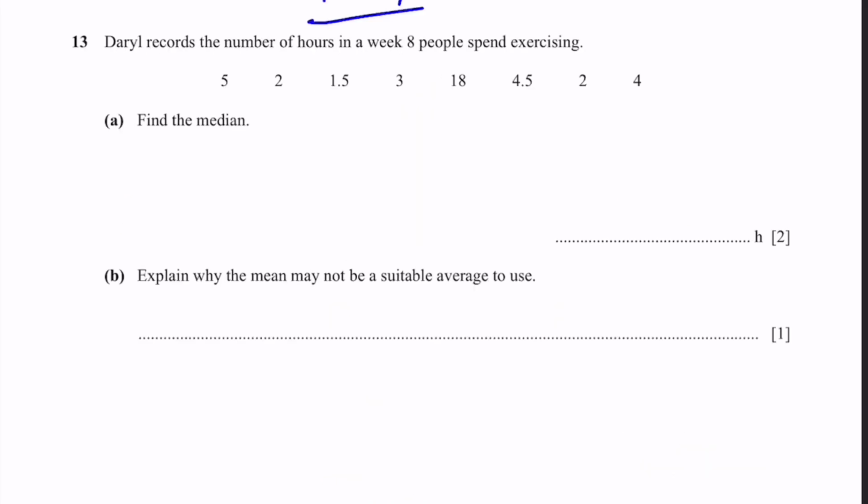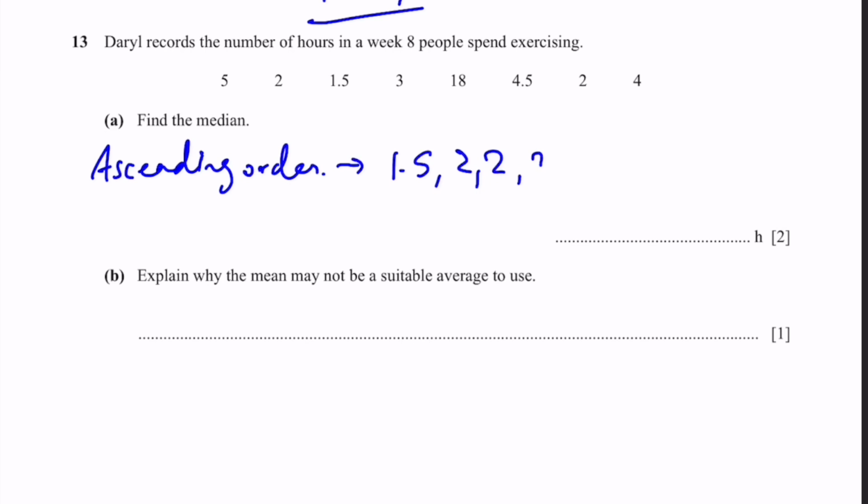Question 13. They will record the number of hours in a week 8 people spend exercising. A. Find the median. Let's first arrange in ascending order. That'll be 1.5, then 2, then 2 again, then 3, then 4, then 4.5, then 5, and finally 18.